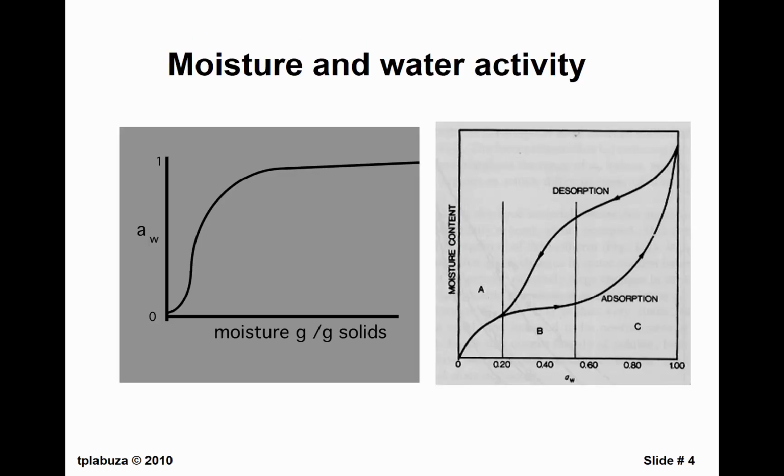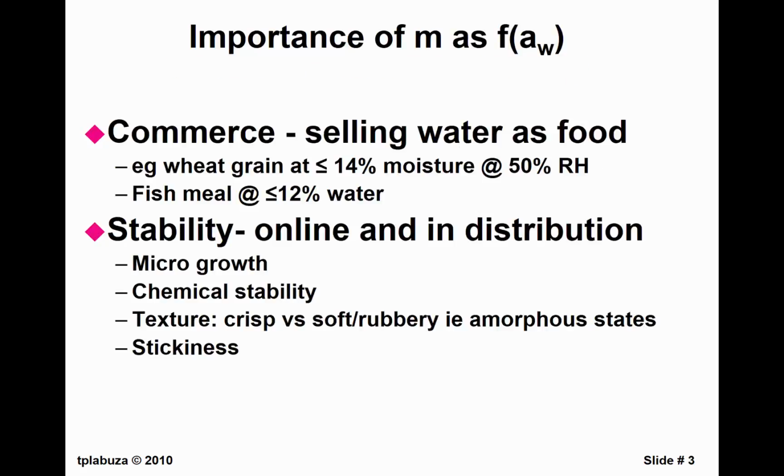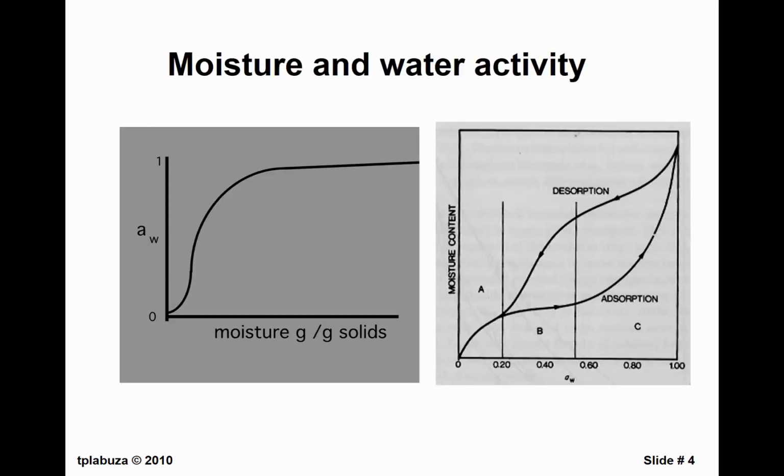So you learned already about microbial growth, chemical stability, texture like crispy versus rubbery, soft cookies, and stickiness. So we're going to look at this from the standpoint of moisture sorption isotherms.